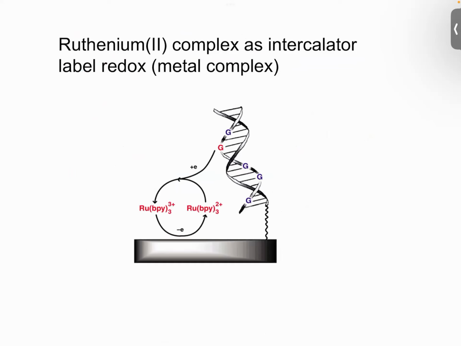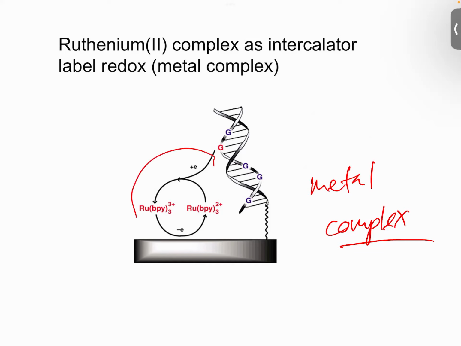All right. Another one, if you remember in the list, is the metal complex, also known as a DNA intercalator. An example is the ruthenium complex. They intercalate inside the DNA structure, and as we know, metals are highly electroactive.